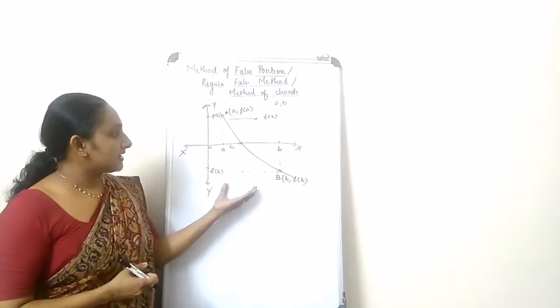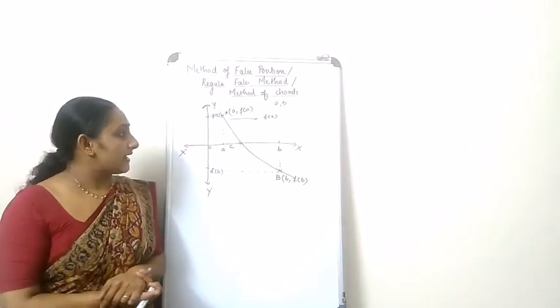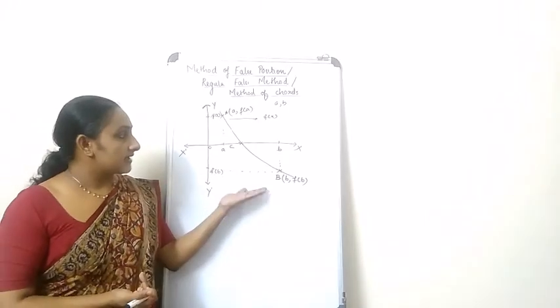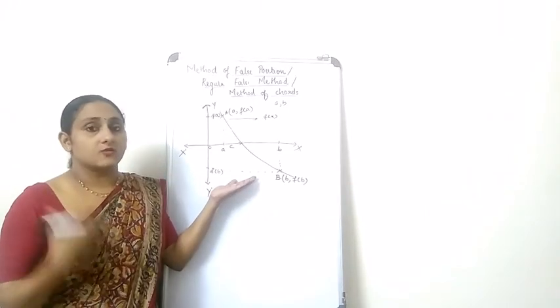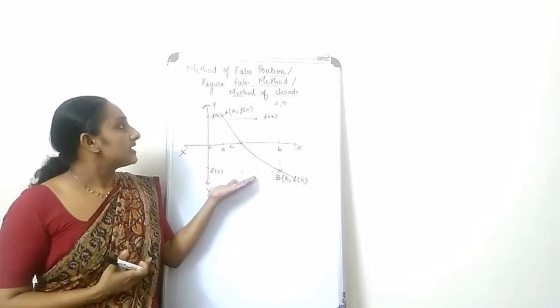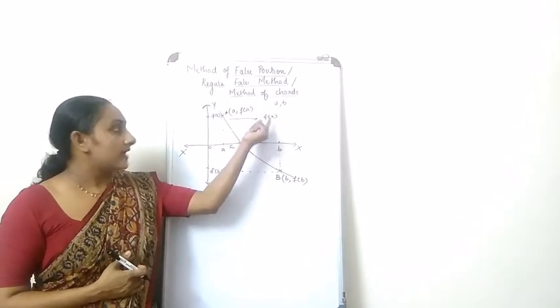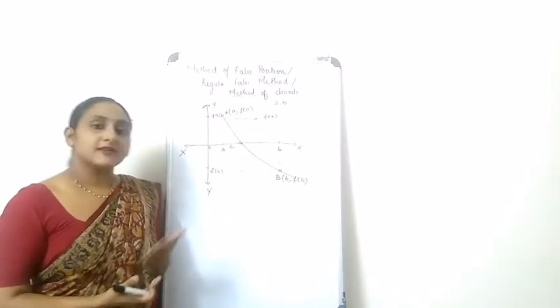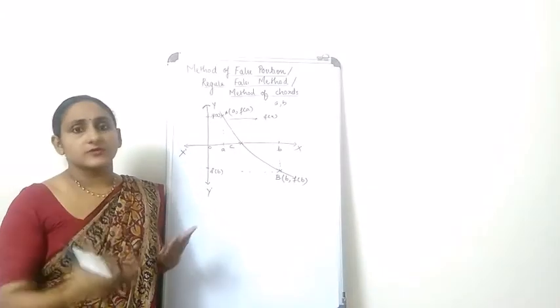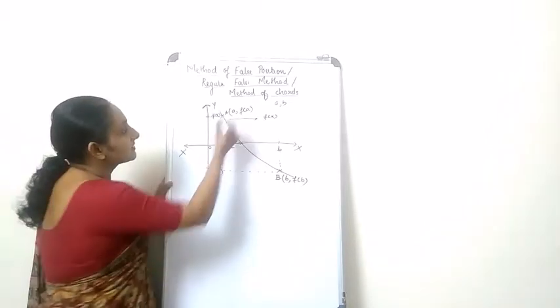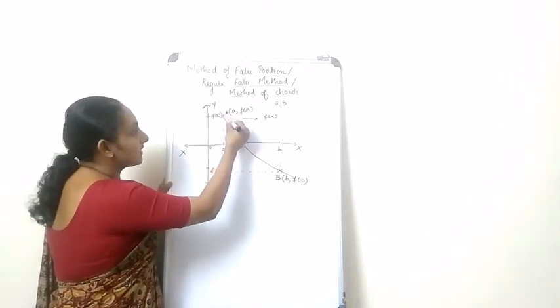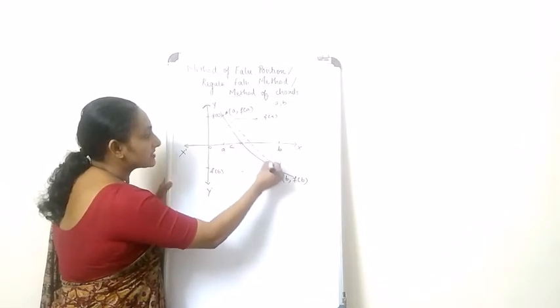So this is the basic thing that we have done in the diagram that I have explained. Now what is our objective? We have to find the root of f(x). In order to find the root of f(x), I'm going to seek the help of a chord. A chord is nothing but a line joining a and b.